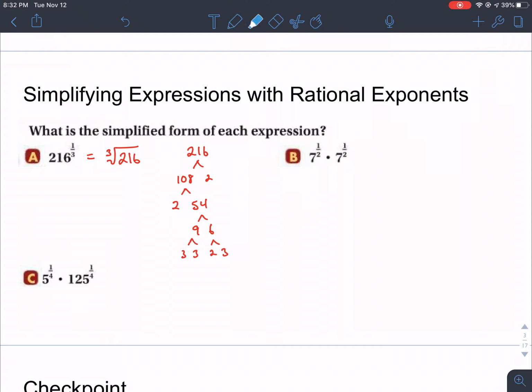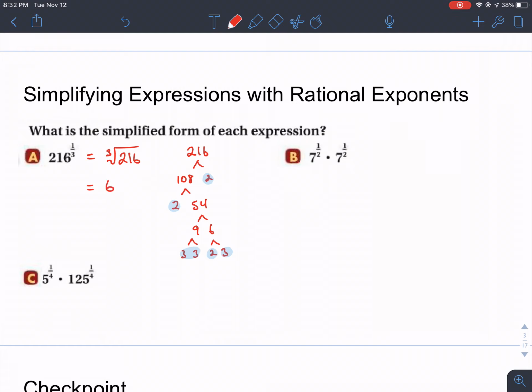This is a cube root, so we look for groups of 3. We've got three 2s and three 3s, with nothing left over. So 2 times 2 times 2 times 3 times 3 times 3 gives you 216. Or one group of 2s and one group of 3s: 2 times 3 is 6.